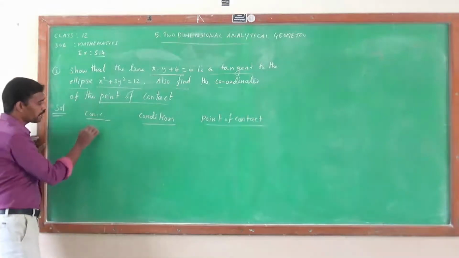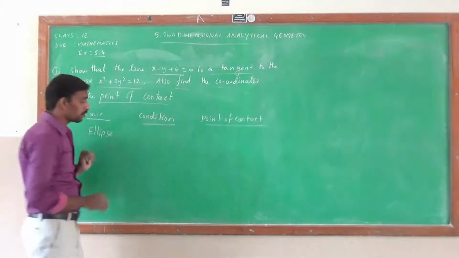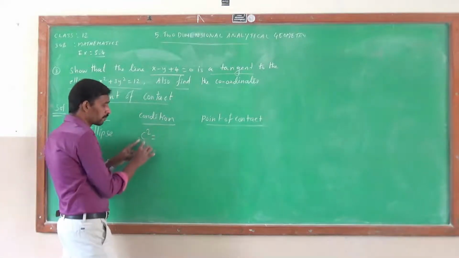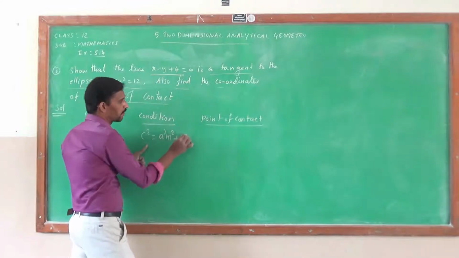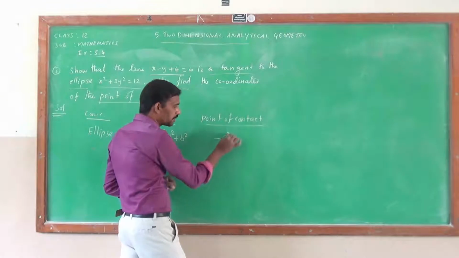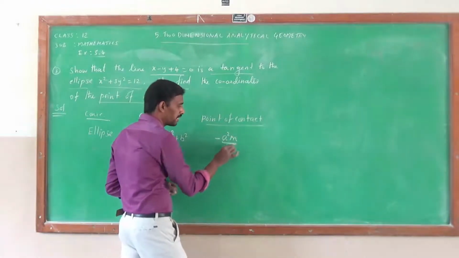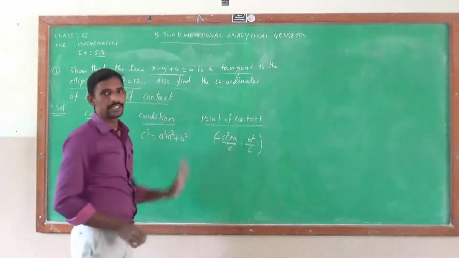According to the given question, this is an ellipse. Next you want to know the condition. The condition is c square is equal to a square m square plus b square. Then the point of contact is minus a square m by c, comma b square divided by c. So these are the conditions.